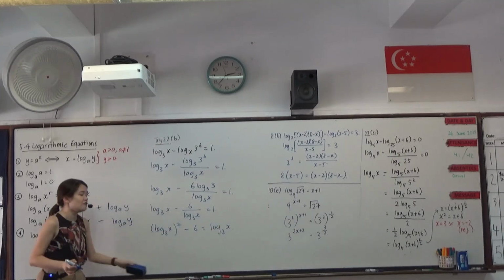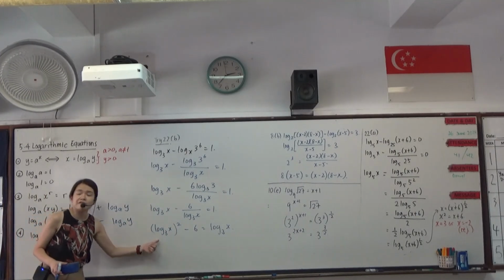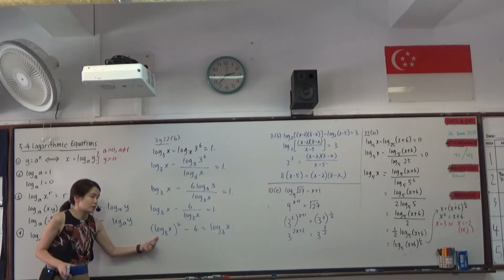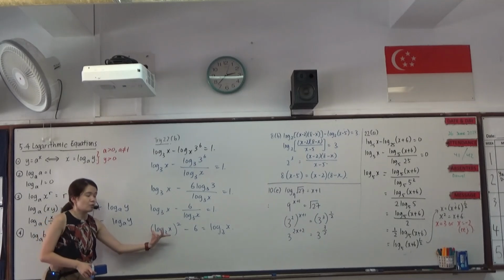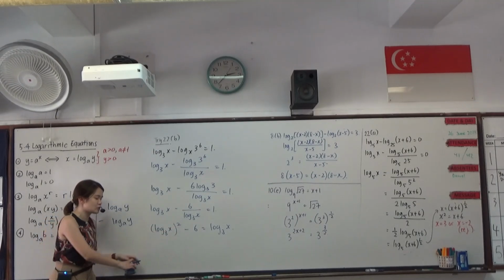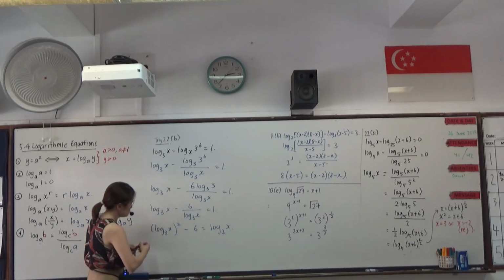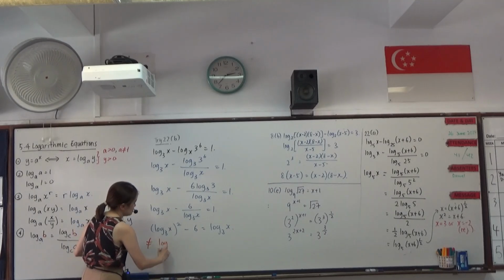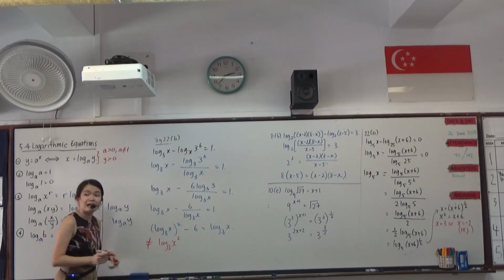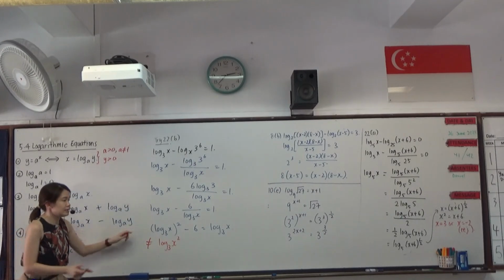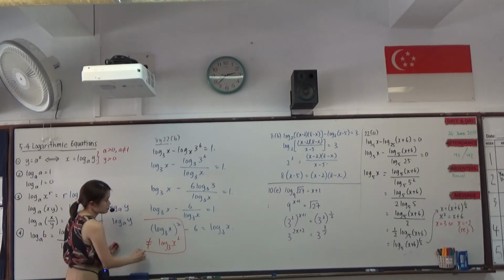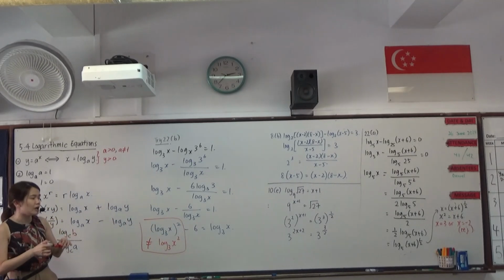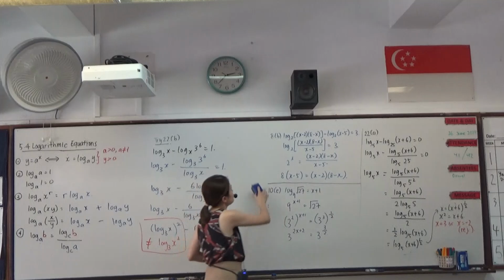But still, it is not helpful because there's no way for us to simplify this. I want us to be clear that this with brackets around the logarithm and the square is not equal to the one without a bracket. This and this, they are not equal. So the way to get around it is to do it by substitution.